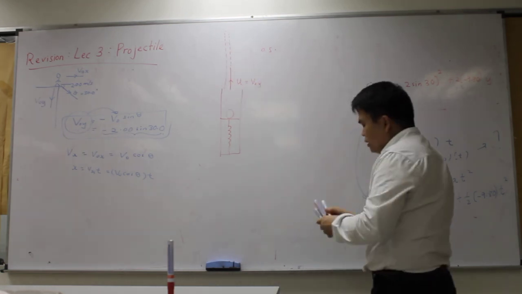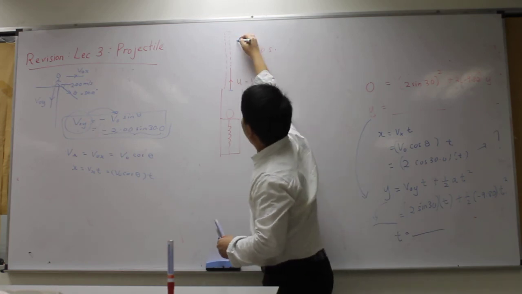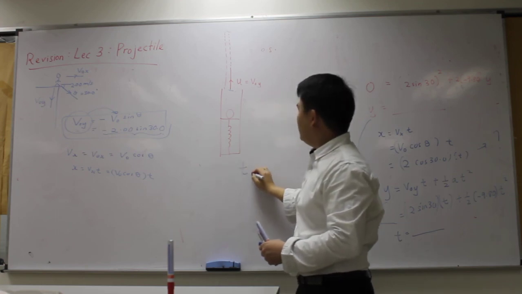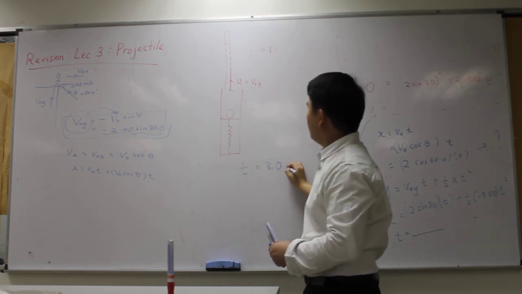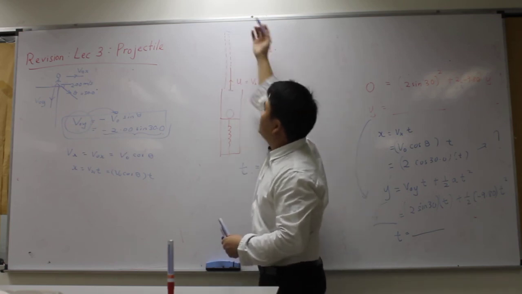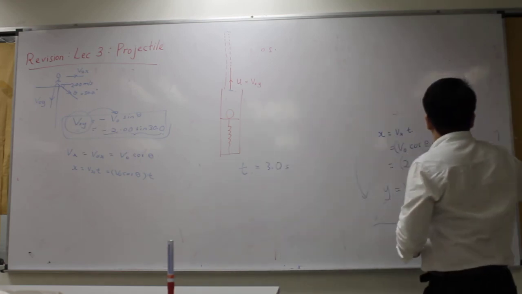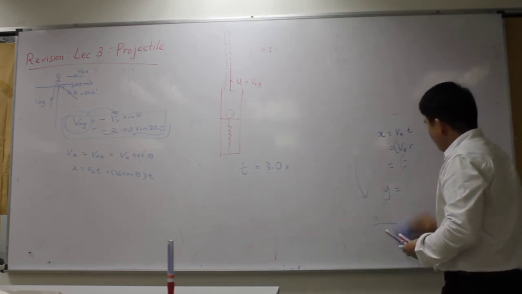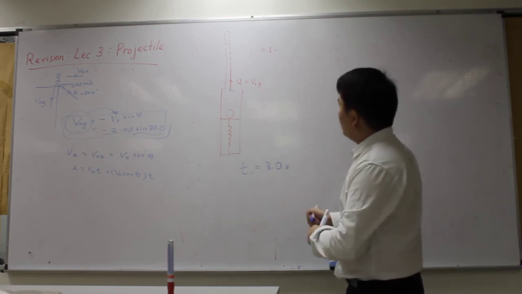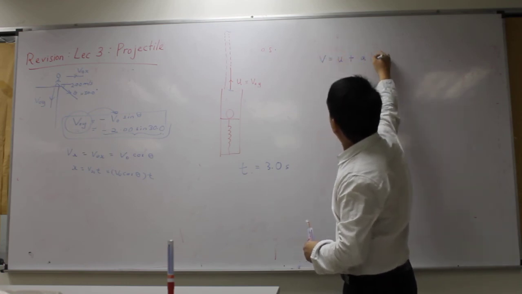For this symmetry question, we can say that a single trip from here to the top is t equal to 3 seconds, because the total time is 6 seconds. For these 3 seconds, we proceed with the analysis. The first thing we can use is V equal to U plus at.